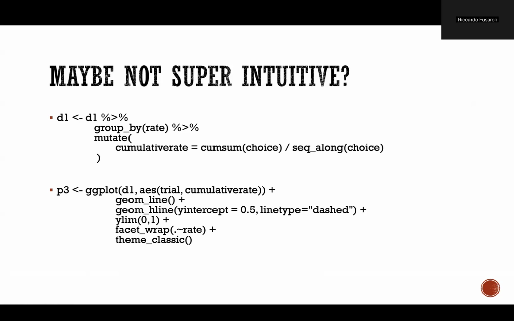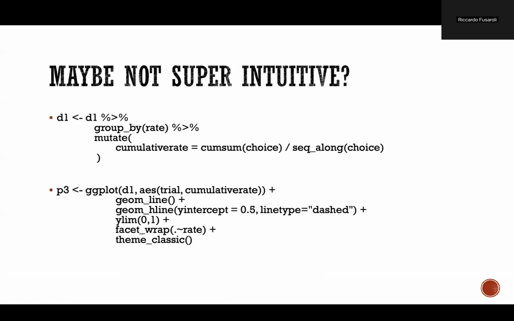Then we do a plot, which is just like before, but now we're saying as the x-axis we have trial, as the y-axis we have cumulative rate. We still use a geom line, and we add a horizontal line to tell us where the chance, or if there were no bias, where we would expect things to be.